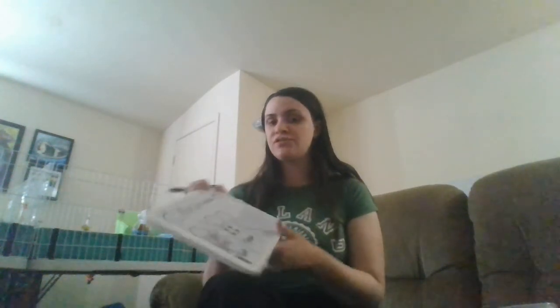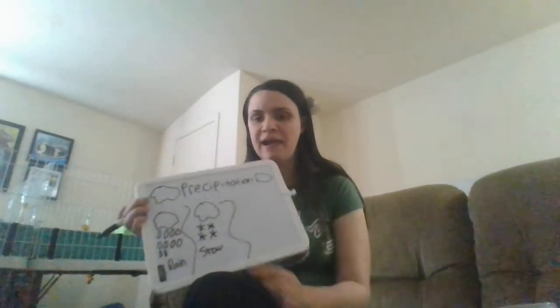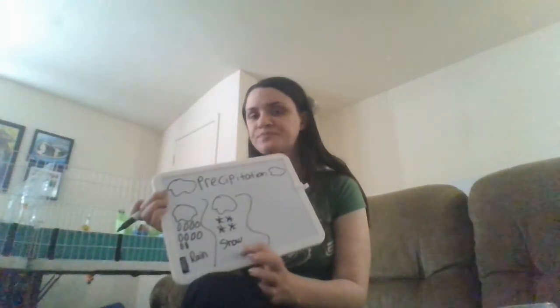So what is the first type we had pretty much all winter? We had snow, right? Snow fell out of the clouds. And snow happens, remember, when water freezes or gets cold. It turns from a liquid to a solid when it gets cold. So snow was one type.